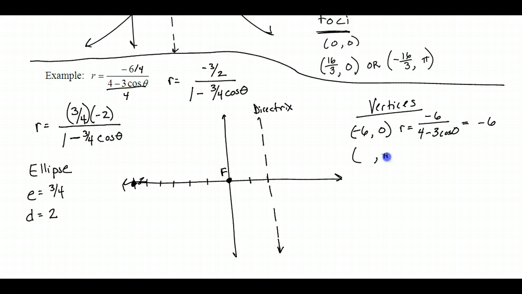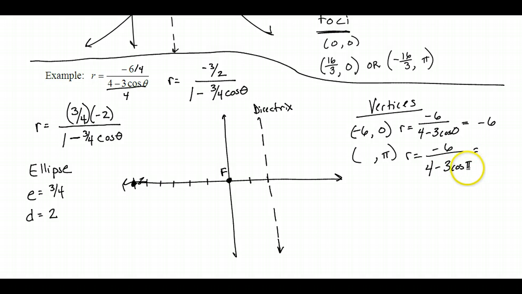Now the other one that I'm going to plug in is pi. So r is equal to negative 6 divided by 4 minus 3 cosine pi. Cosine pi is negative 1 times 3, which is going to give me negative 3. 4 minus negative 3, I think that's right, I've got to calculate again.